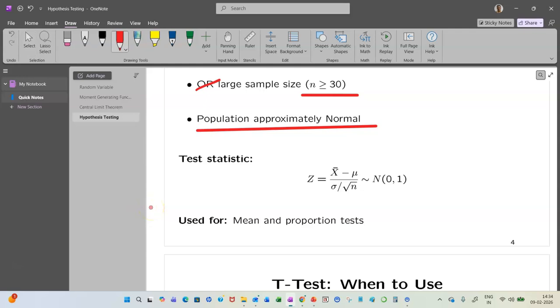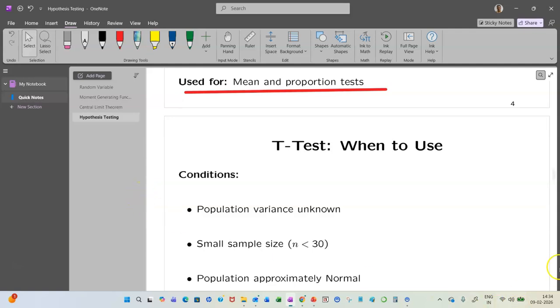Sigma is known here. Mu is the value that we are going to test, and the statistic follows the normal 0, 1. So using this z-score, we can find the critical region and the p-value of the test. And if the p-value is less than 0.05, then we reject the null hypothesis. Used for mean test and for proportion test.